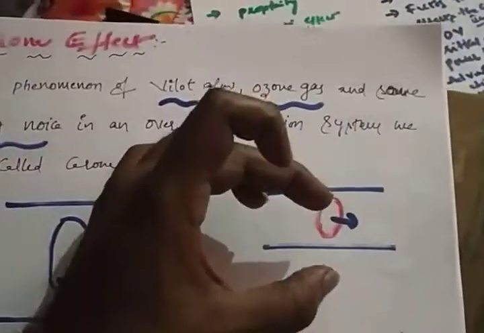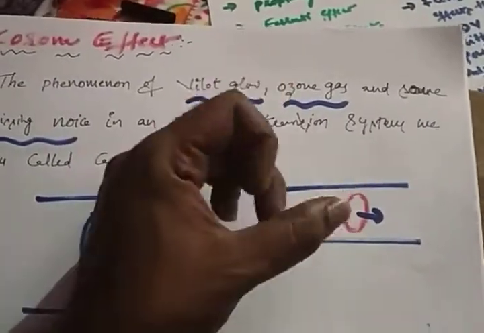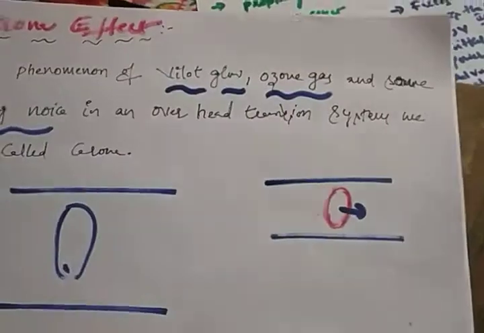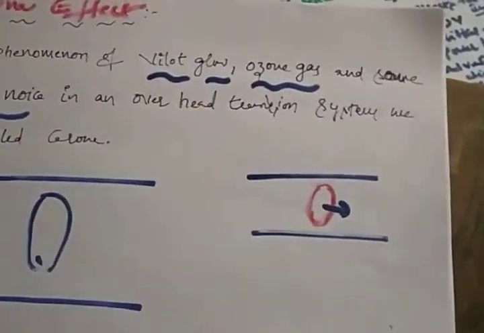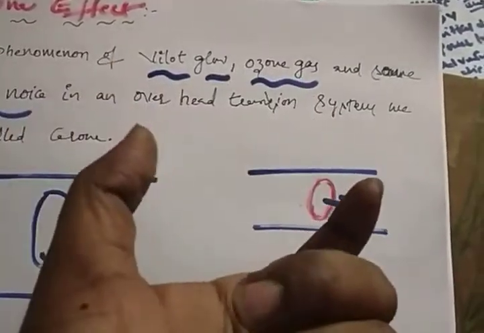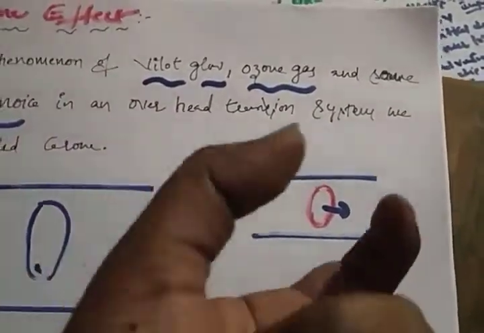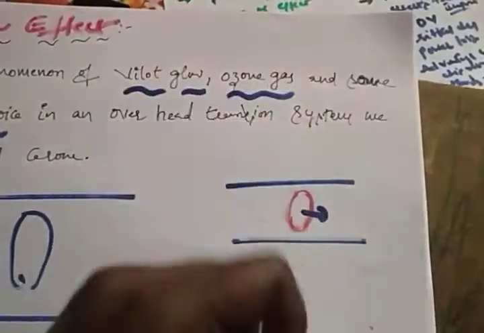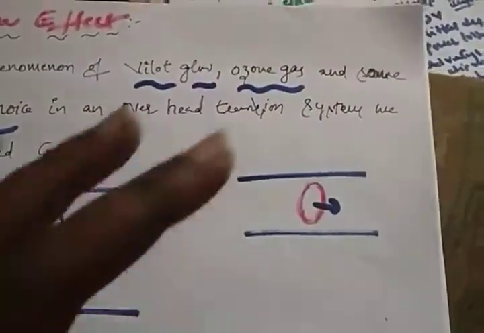When two conductors are closely spaced and you apply a large potential difference between them, the air gets ionized. That means the dielectric strength of air breaks down, and the air makes a conducting path.